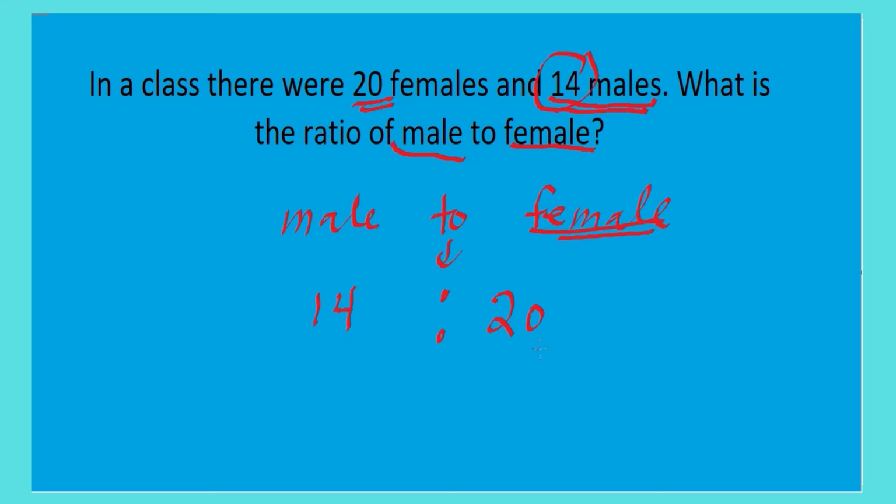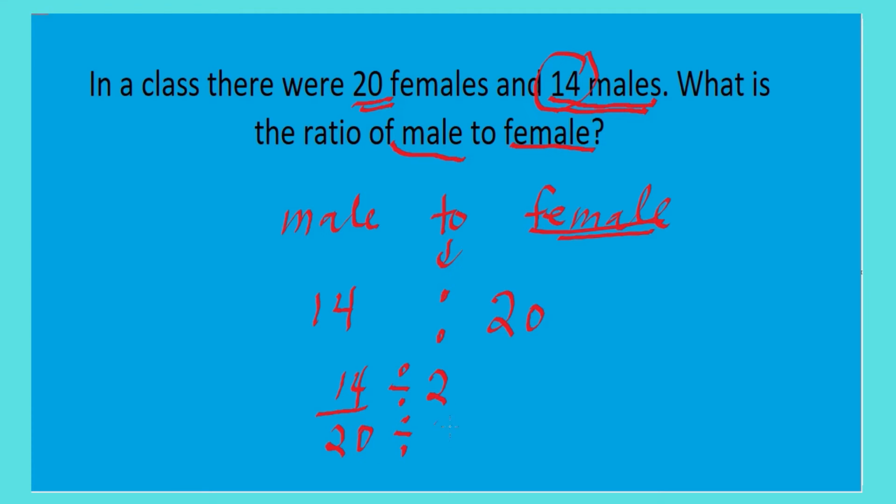Okay, now if you are going to transform that into a fraction form, it would be 14 over 20. And then you are going to simplify that, take the lowest term, get the GCF. So what is the GCF of 14 and 20? The GCF will be 2.